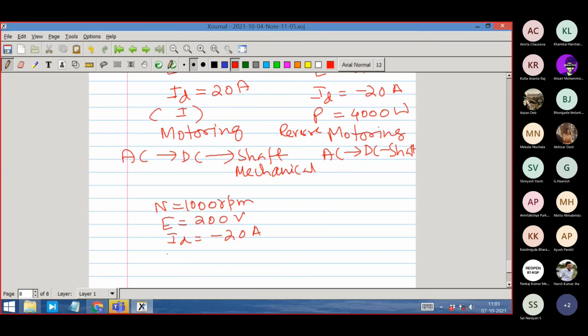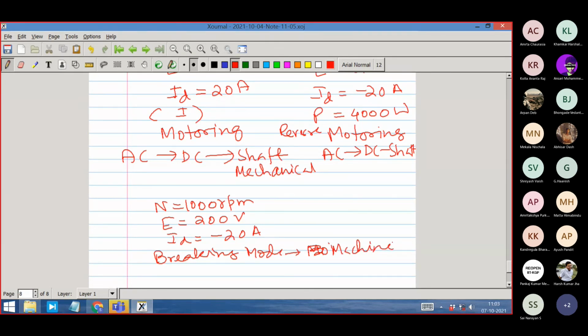This is what is called regeneration mode. If I say motoring, then I will use the word braking mode from the motor, or the machine, point of view.